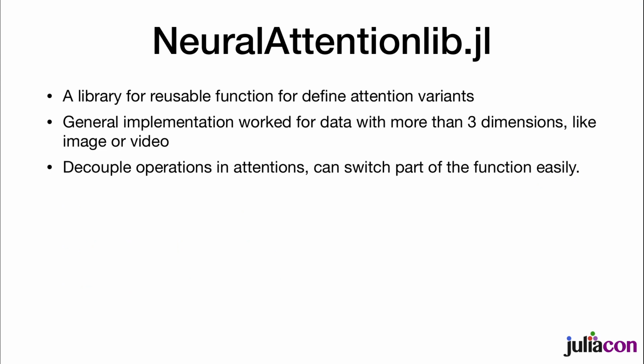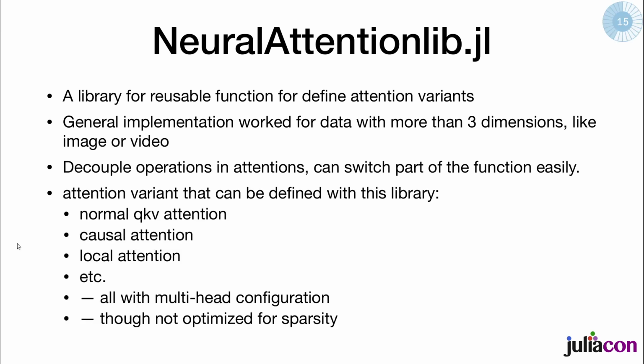In this package, we provide several functions that can be used to define attention variants. We decouple the operations in the attention to make it possible to switch part of the operation. It is also general enough to work on data like pictures or videos. With this package, we can define attention variants like causal attention, local attention, etc. Though currently they are not optimized for sparsity, so they will all use the same amount of memory.